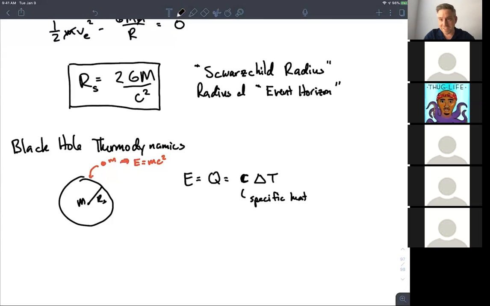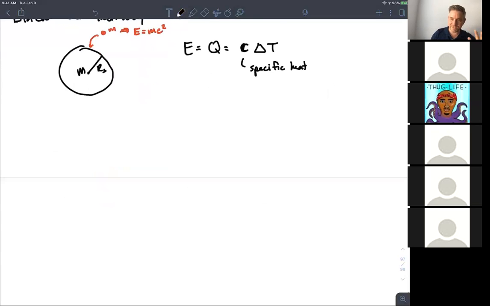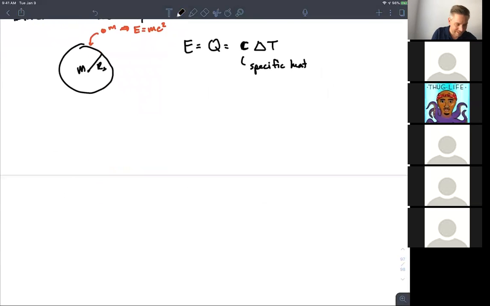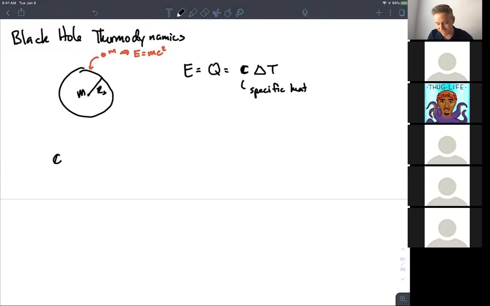What's a black hole made out of? All kinds of stuff, right? So let's try to find out something about what a black hole is made out of. Let's find what the specific heat of a black hole is. We can look at this relationship and see that 1 over the specific heat is related to the change in the object's temperature divided by how much energy you put in.